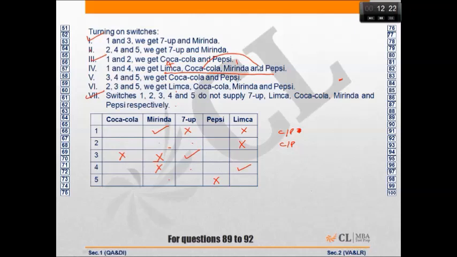3, 4, 5 we get again Coke and Pepsi. 3 cannot give us Coke, so 4, 5, one of them can give us Coke or Pepsi. Okay, 5 cannot give us Pepsi. 2, 3, 5 we get Limca, Coke, Mirinda, Pepsi.